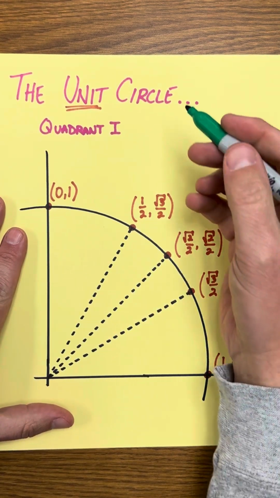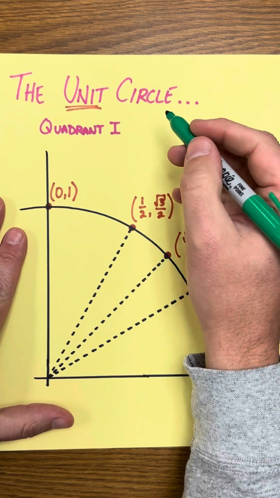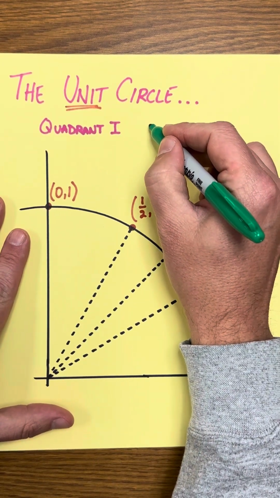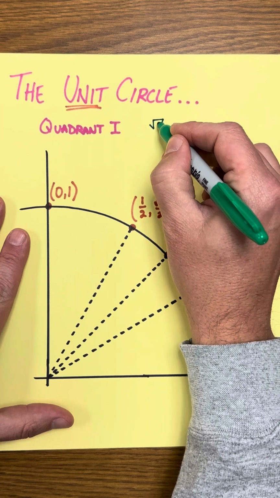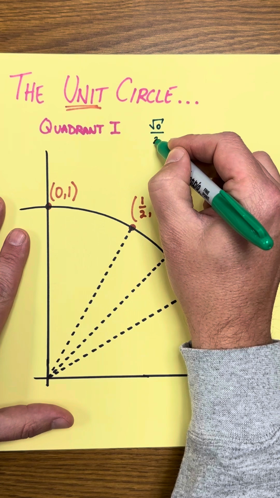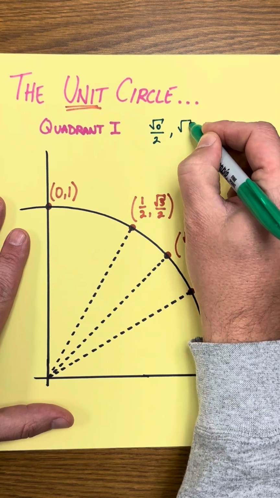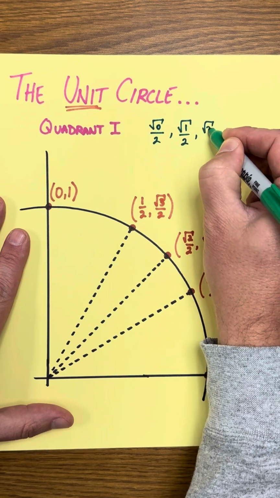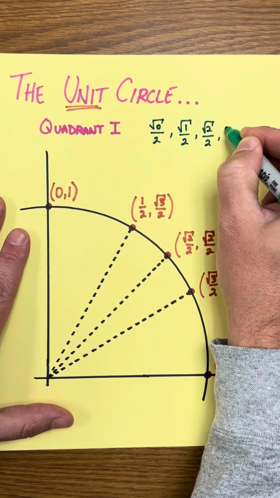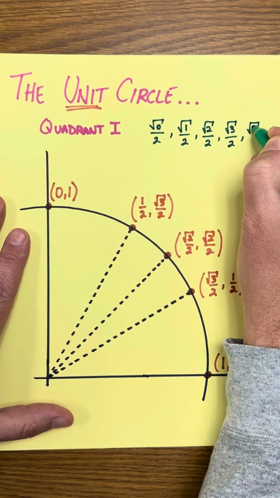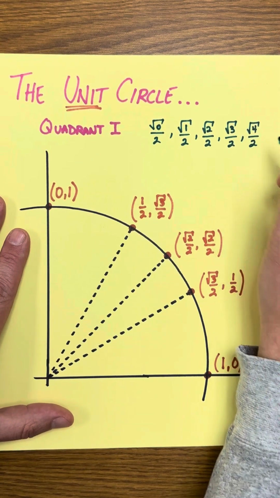If I write all the different numbers I see this way, I'm going to start with the square root of 0 over 2, square root 1 over 2, square root 2 over 2, square root 3 over 2, square root 4 over 2.